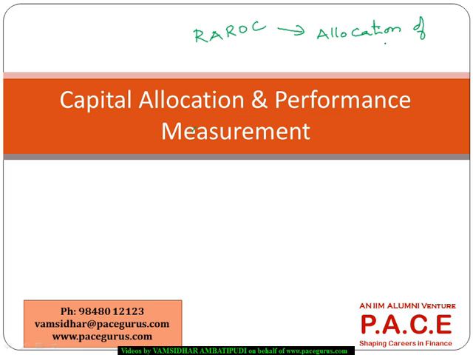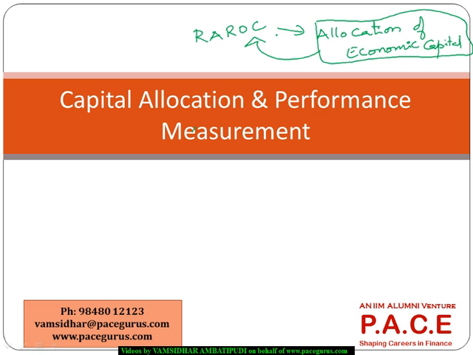One important thing: when we are finding out the economic capital, after that I have to allot this economic capital to each project level or to each business unit level, right? Once I determine the economic capital at a firm level and I want to allocate it at a business unit level or to a particular risk type, what are the mechanisms that I typically have? So that is what is being looked at.